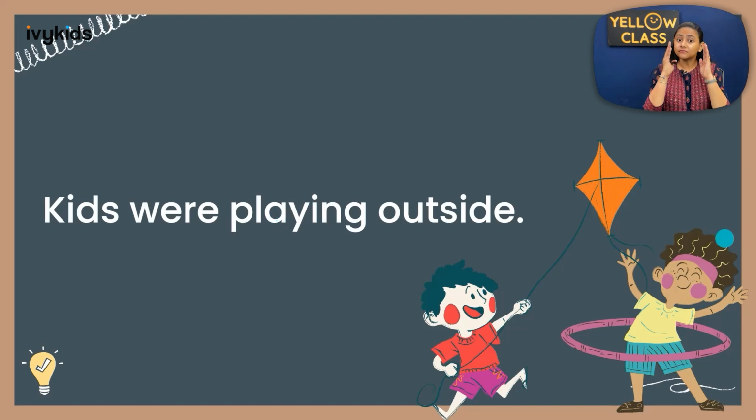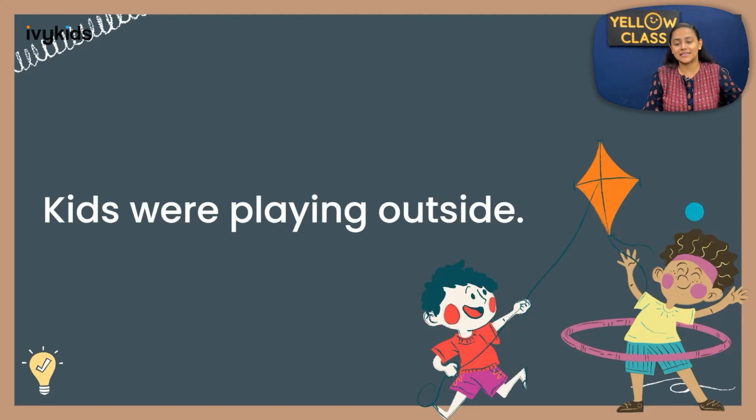Okay? Remember I told you how to use is, am, are. When we are talking about something that is happening in the present, we use is, am, are, right? Similarly, when something has happened in the past, that time we use was and were. Okay? Let's look at another example.